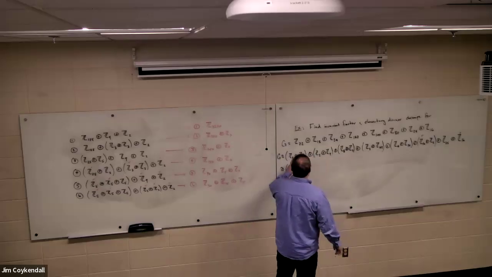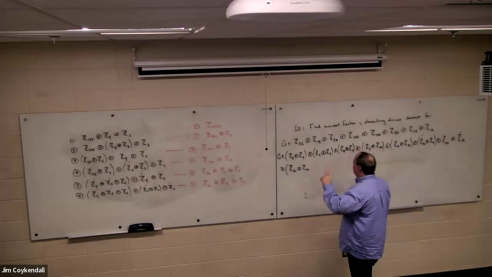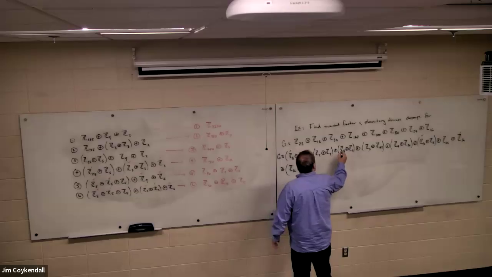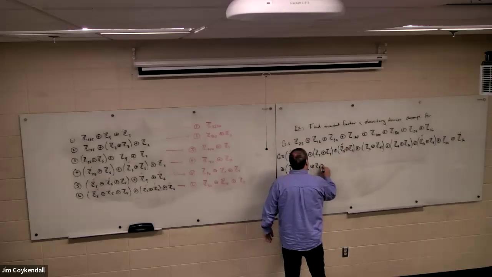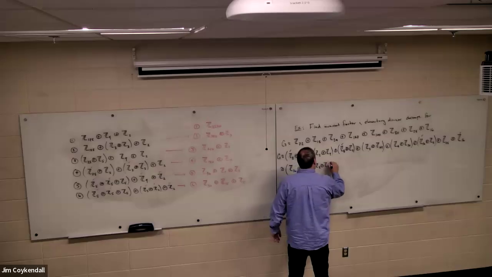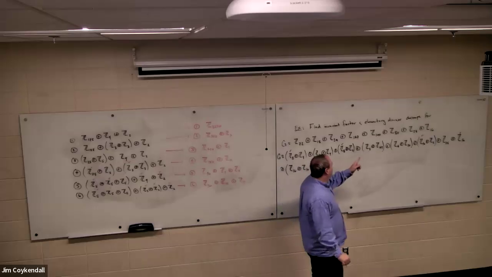Okay, I got those covered. I've got an 8. And how many of those do I have? Looks like I got two of them. Z8, Z8. Do I got any 4s? I got one 4.